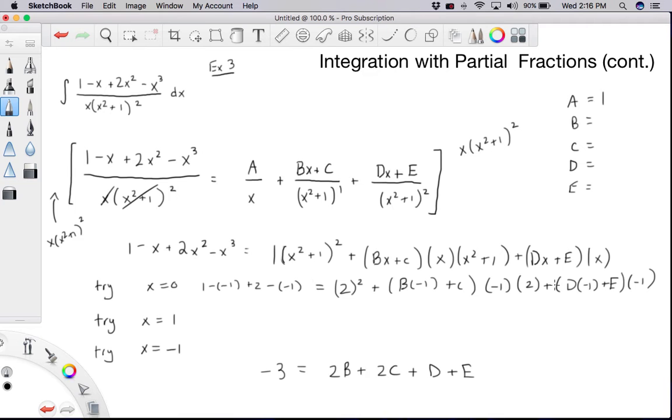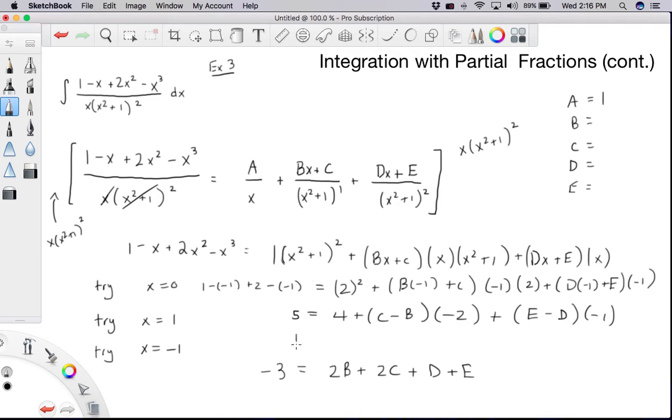Okay, so we have a lot of negative 1s here, so we have to be real careful about our negative signs. 1 minus negative 1 is 2, plus 2 is 4, minus another negative 1 is 5, is equal to 4 plus, I think this is going to be c and negative b, so c minus b times negative 2 plus e minus d times negative 1.